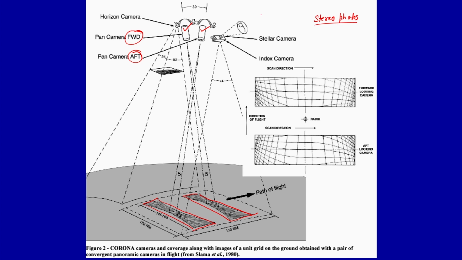As you keep moving further, you keep taking photographs of the same area which has been taken by the forward camera, and then here what has been taken. This area was already taken by the forward image, and then it was taken by the after image. So if the satellite keeps on flying like this and you keep collecting the data, this is part of the Corona photograph.